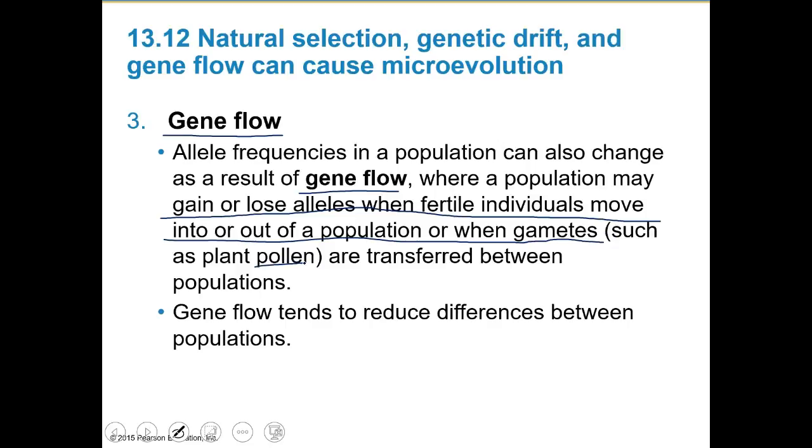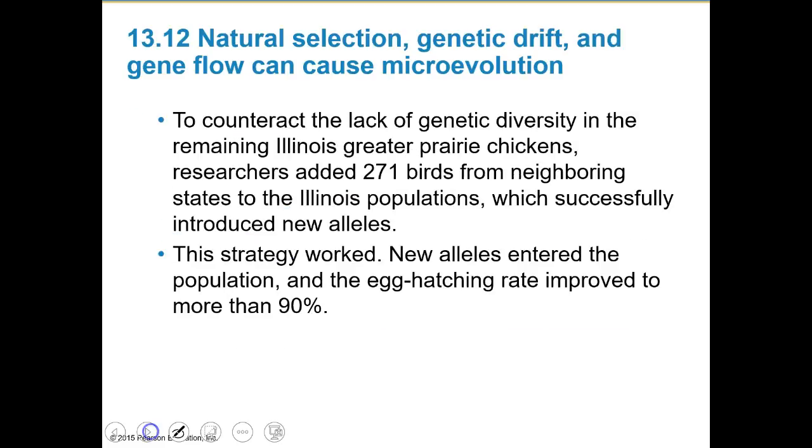Gene flow actually tends to reduce the differences between populations. It's basically like immigration, and emigration, when things move in or out of a population. That's basically all that is.